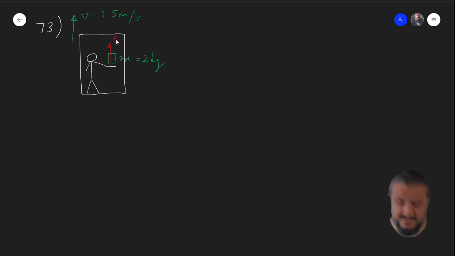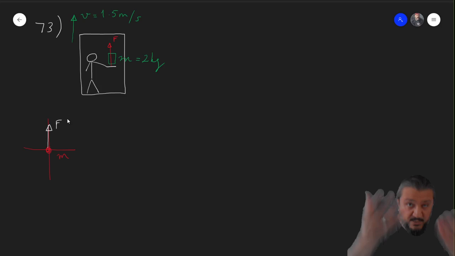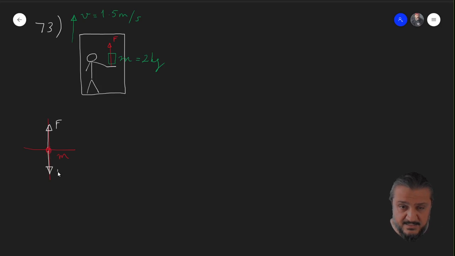So all you have to do is draw a free body diagram for the object he's holding. That is mass. And what are the forces acting on the object? Well, of course, the hand exerts a force on it, which is what we're trying to find. But there's also Earth pulling it downward. That's the weight of the object, and that is mg. So if you apply F net equals ma along the y direction, all you have is F upward and mg downward.